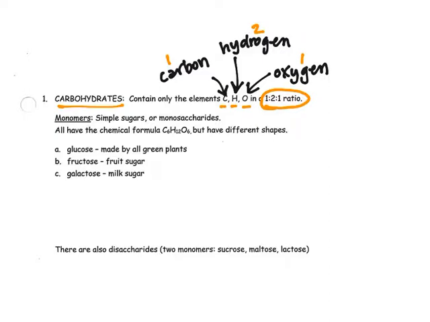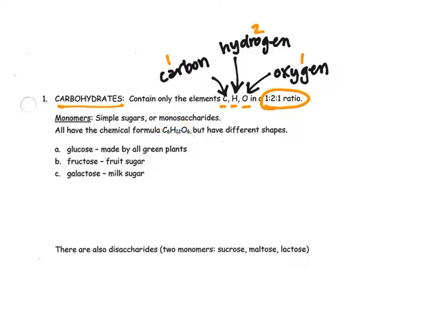When we look at the chemical formula of a carbohydrate, you can see this ratio. The little subscripts behind the element symbol tell you how many atoms of that element there are in that molecule. So in this molecule, which is the chemical formula of glucose, we have 6 carbons, we have twice as many hydrogen, 12 of them, and then we have 6 oxygens as well.